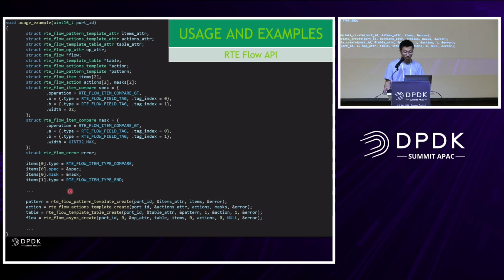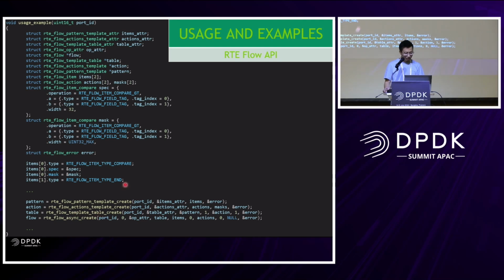We have RT flow rule create function, but we also introduced RT flow pattern template API. So for the template API, I will just give a short introduction. So you need to create the pattern template. Then you also need to create the action template, then create the template table, and all the flow rules should be created with this template table.